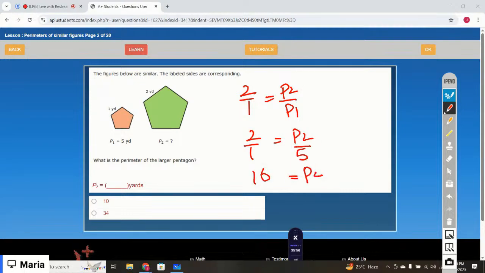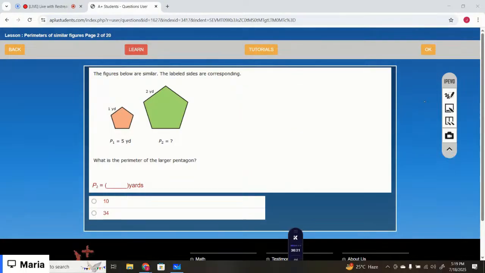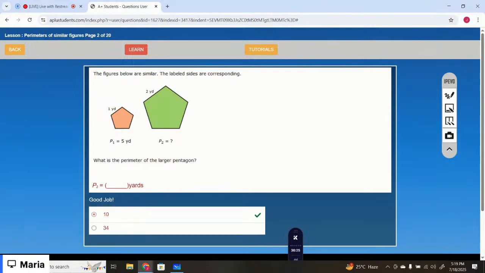So P2 equals 10. The correct option is 10. Option number 1 is the correct option.